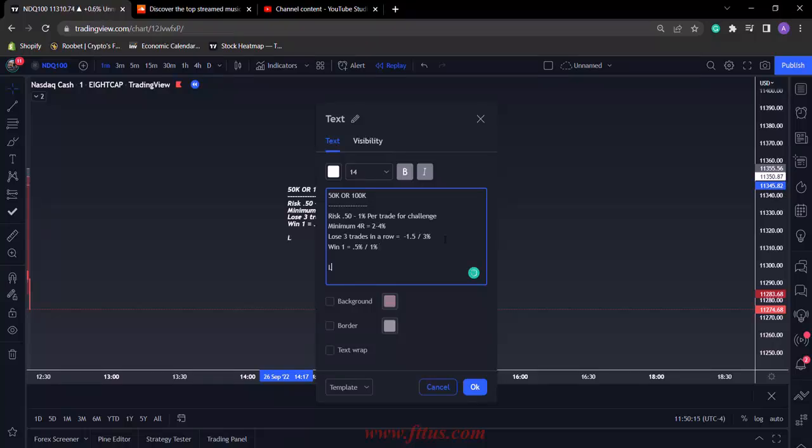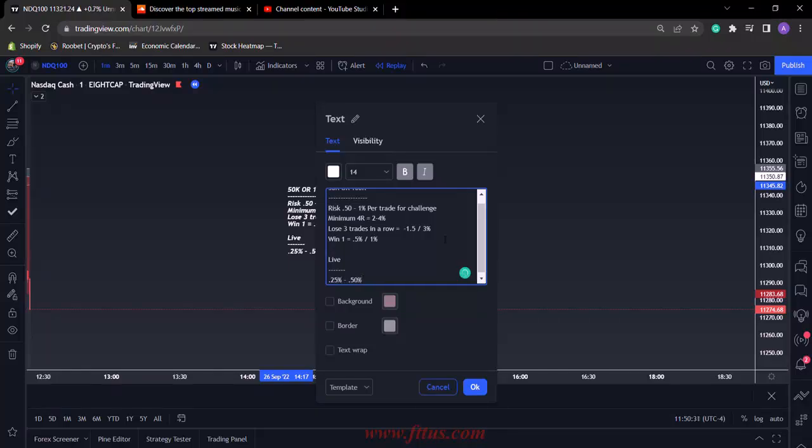So now for the live, we want to risk 0.25% to 0.5%. Why? Because you locked in the live. You want to get your payout. So for the first payout, build the account to 4 to 6%.